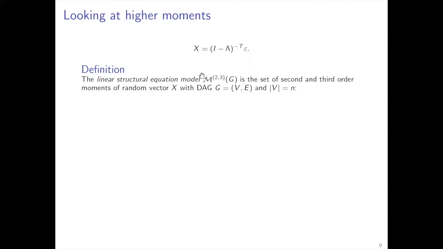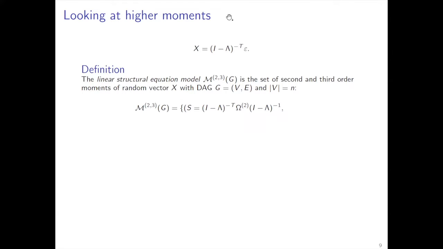So for a given graph, I want this M2,3 of G to be the set of all possible pairs of covariance matrix and third order moment that could come from this graph. So what I mean by this, this is M2,3 of G. First I have S, which is the covariance matrix.